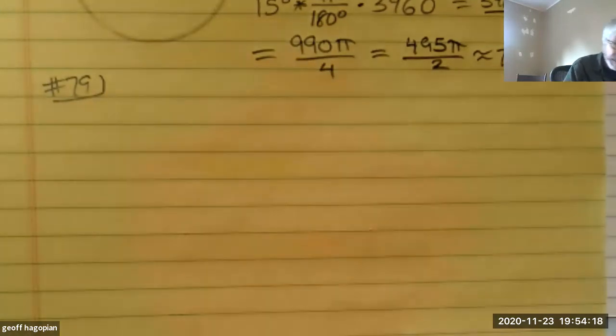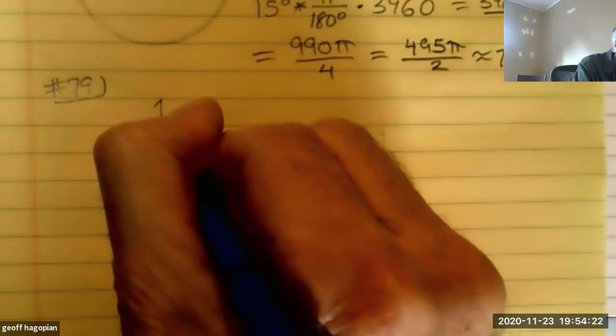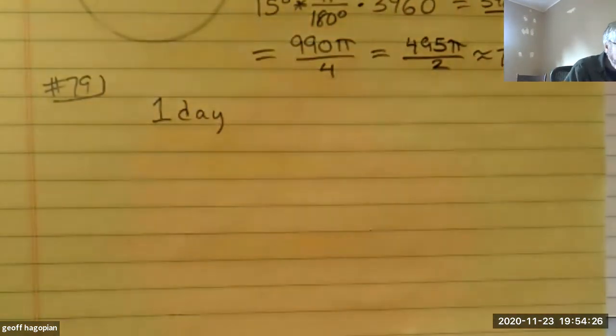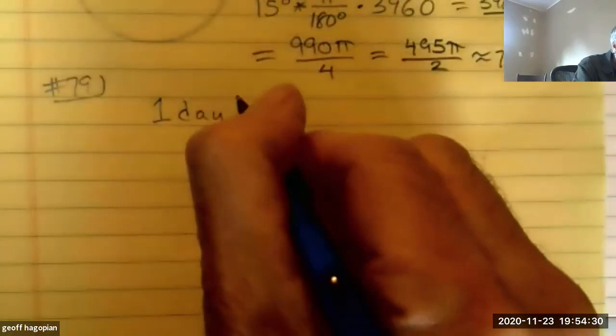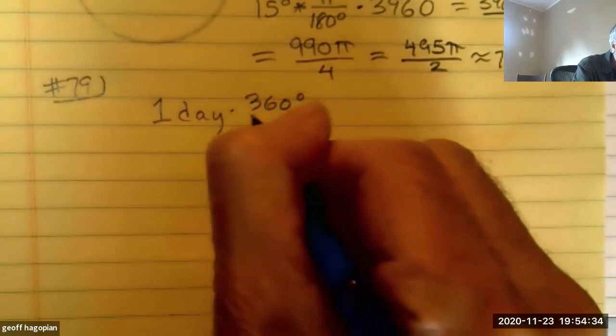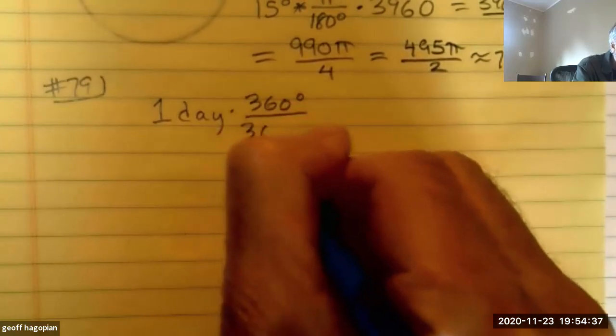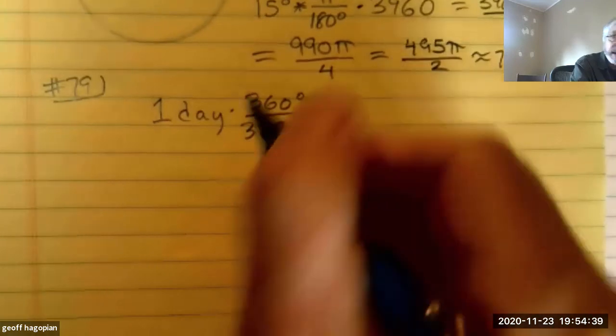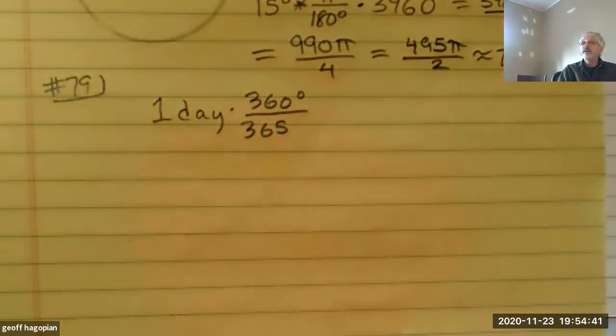One day? We want to convert one day to a distance. So one day, how many degrees per day? Well, there's 360 degrees in a circle, and we're going to divide that into 365 parts, right?